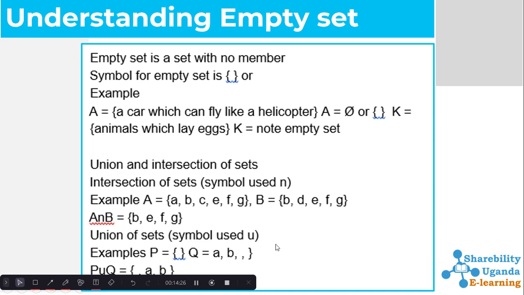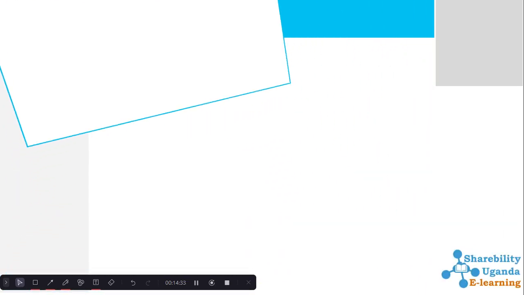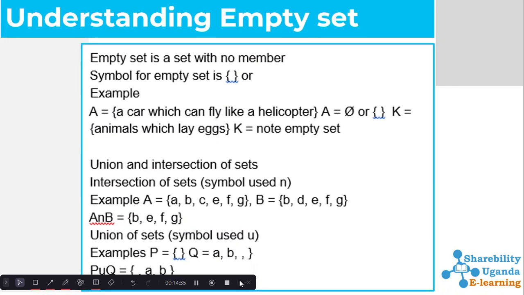For us to identify that P and Q are a union of sets, we should be able to see if our set P is equal to this and our set Q is equal to this. So for us, we have to bring all these members together such that we can be able to see all the members that are in this set.